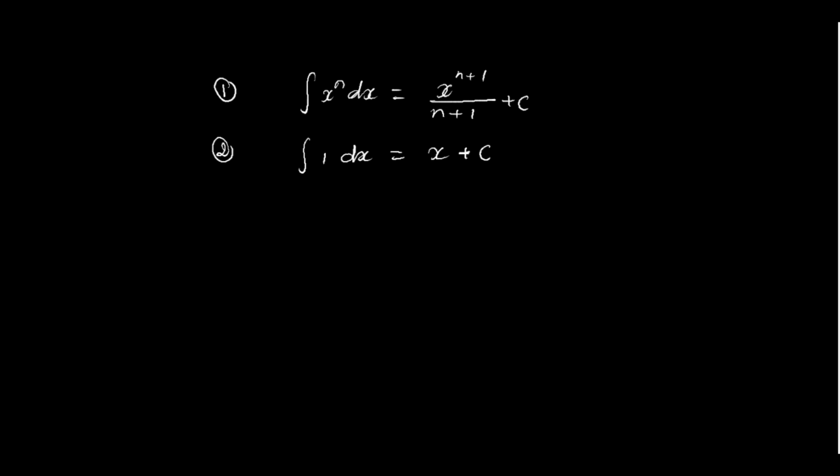And the revenue is R equals P into Q. R is the revenue. That means the amount collected by selling some goods is called revenue. So R equals price into quantity. Similarly, we must know the profit function pi.